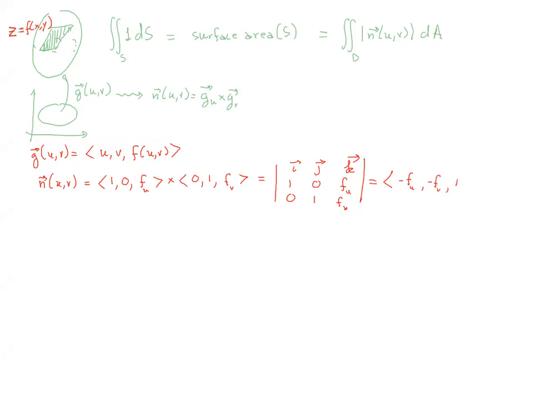And the last component is 1, which means that the magnitude is going to be the square root of f sub u squared plus f sub v squared plus 1.